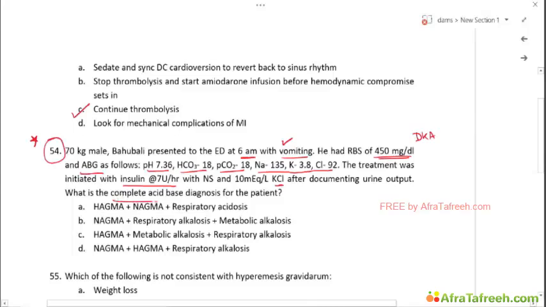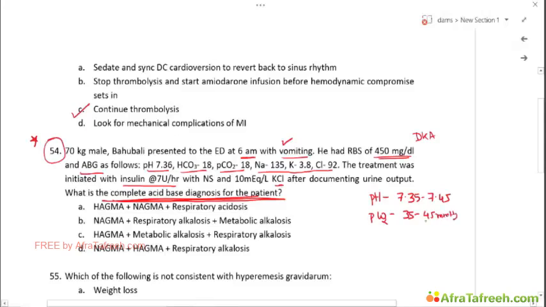What would be the complete acid-base diagnosis in this patient? Okay, so we are concerned only about the acid-base diagnosis, for which we need to know the normal values. For pH it is between 7.35 to 7.45. For PCO2 it is between 35 to 45 mmHg.